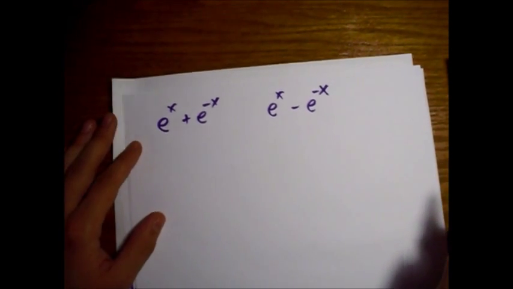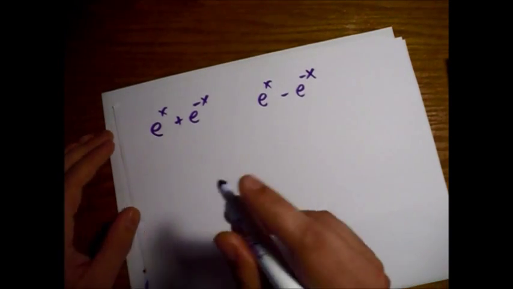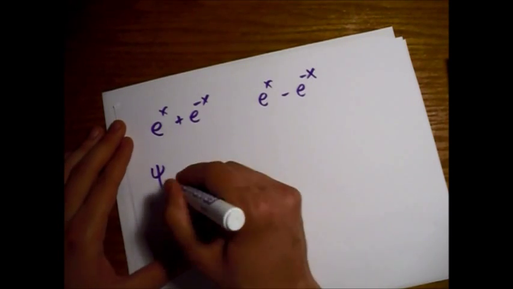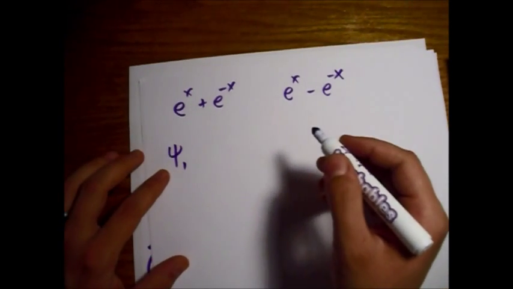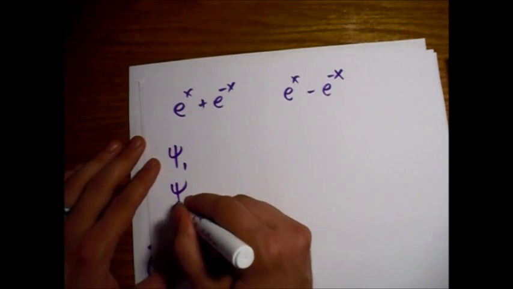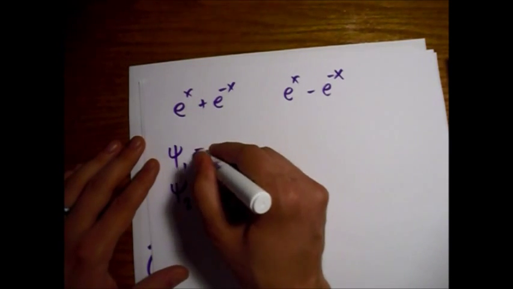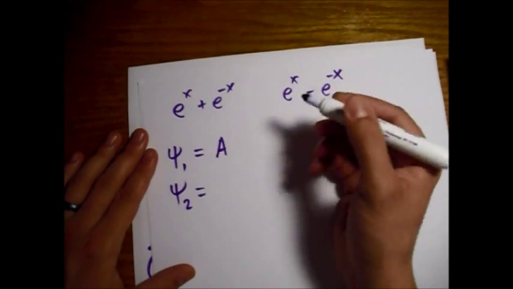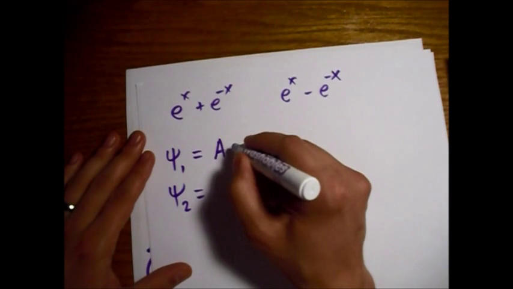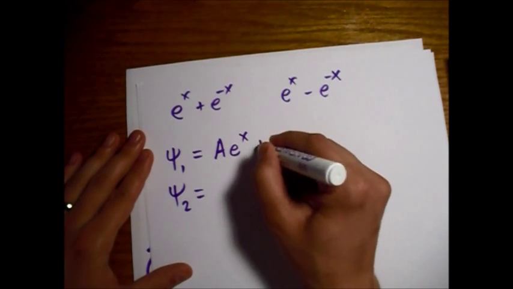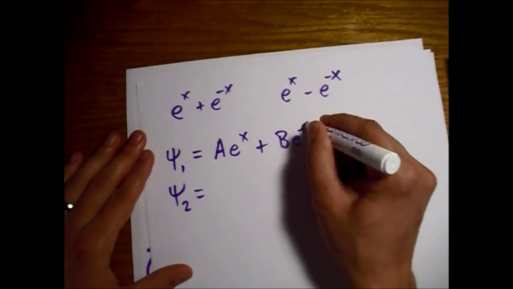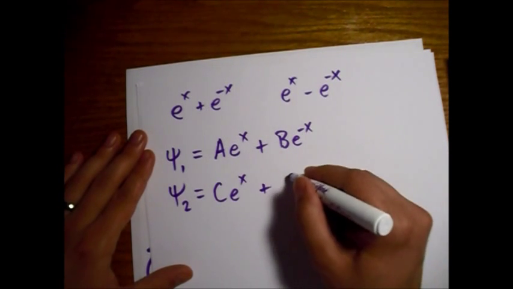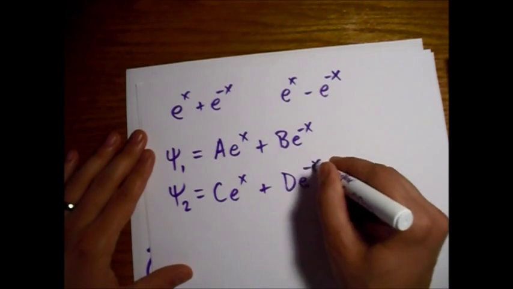Maybe a little bit more general. Just for sake of notation, I'm going to call one C1 and the other C2, and I'm going to leave it completely general, so I'm just going to use 4 different constants. Like this, and like that.